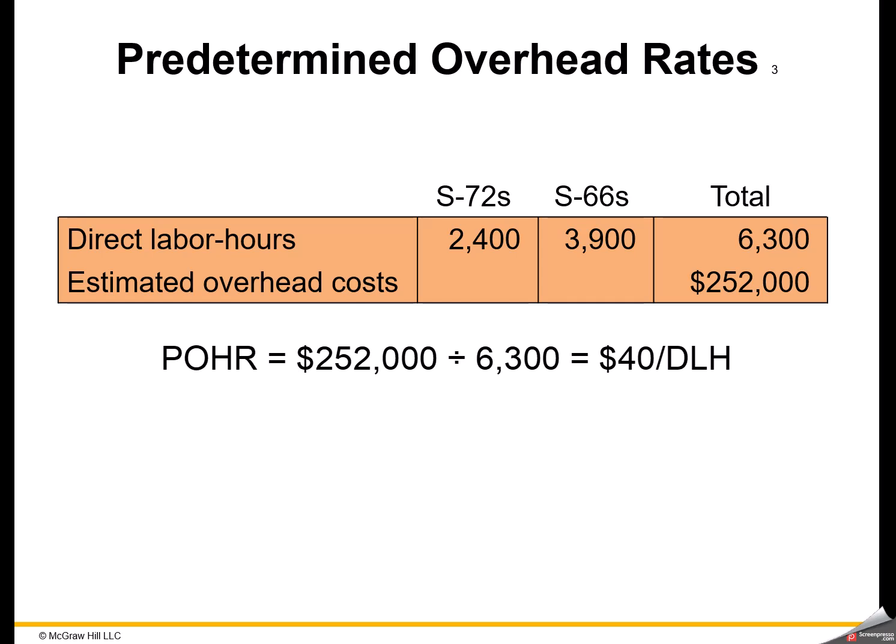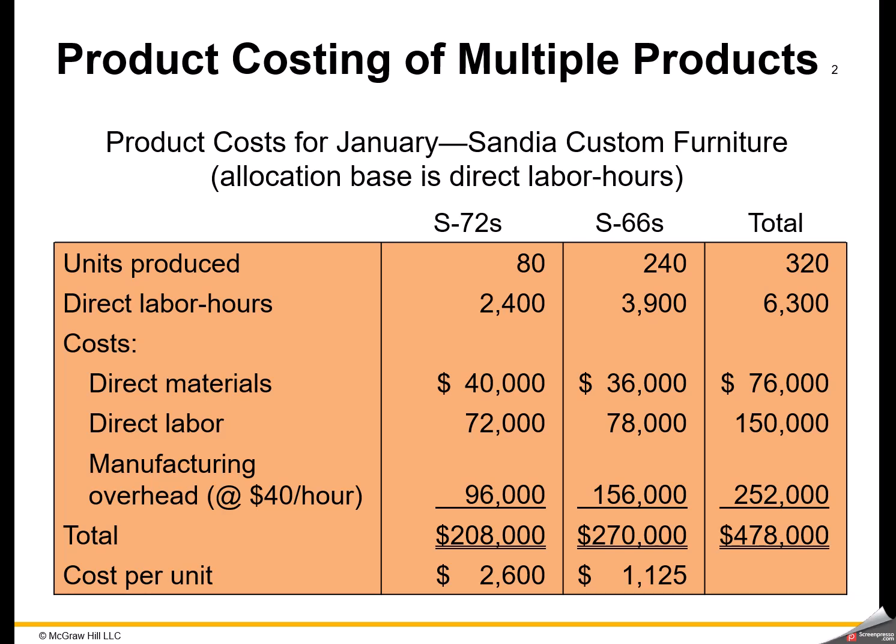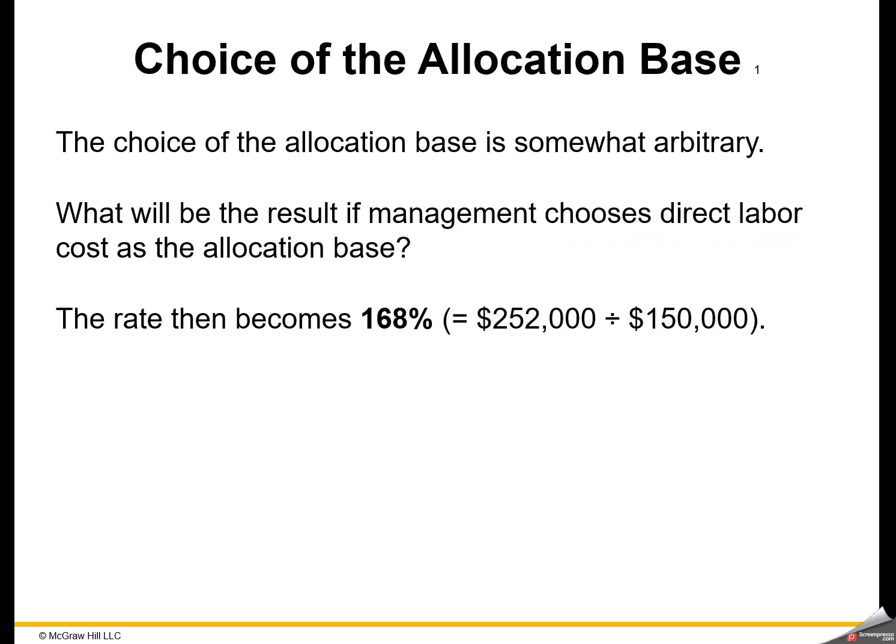If we determine it's direct labor hours, we'll divide it by our total direct labor hours to calculate a predetermined overhead rate of $40 per direct labor hour. Then we'll multiply that by the direct labor hours charged to each of the different products. Now we can see direct materials and labor we already figured out, and the $252,000 we've allocated based on the direct labor hour.